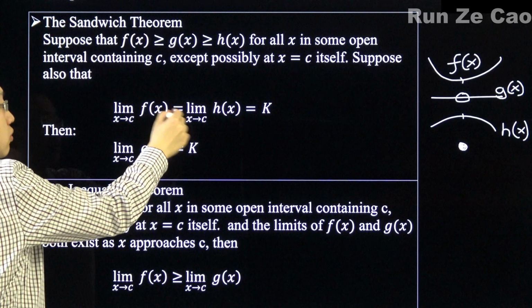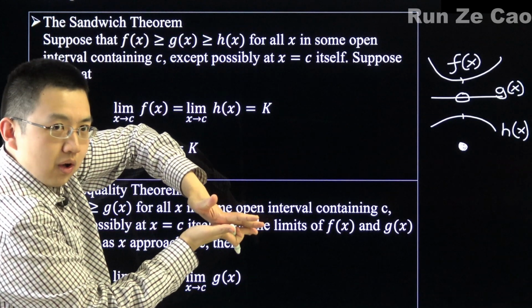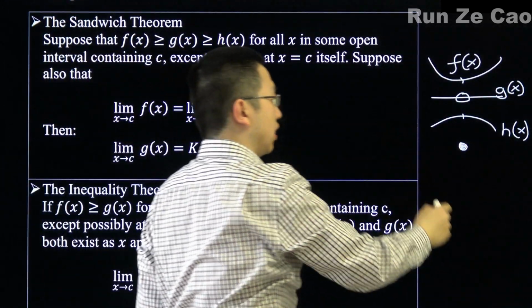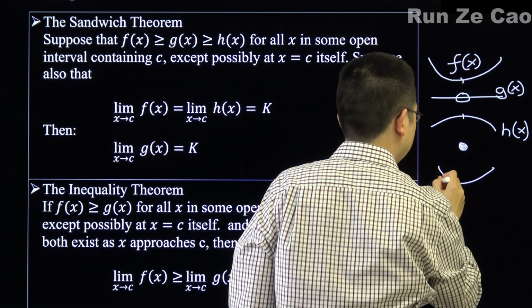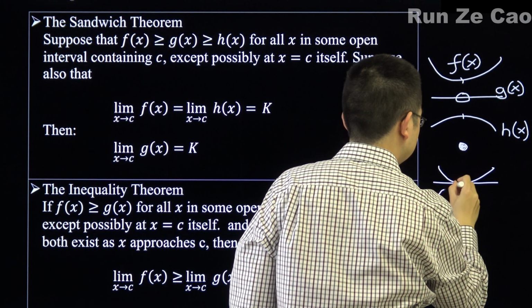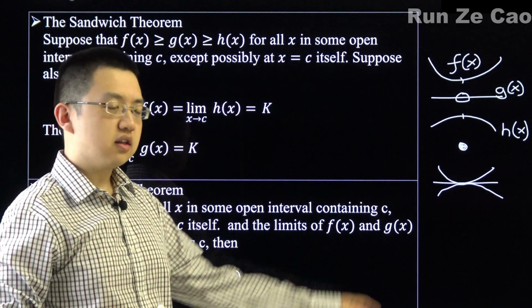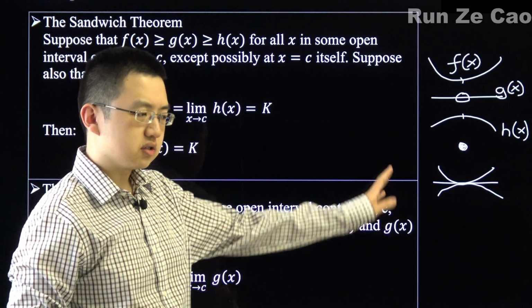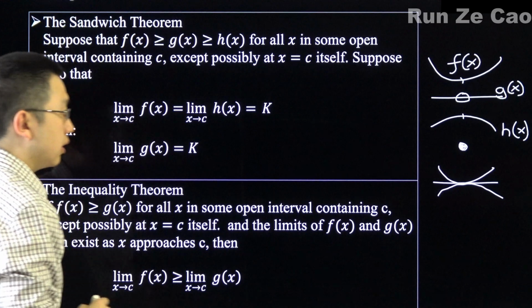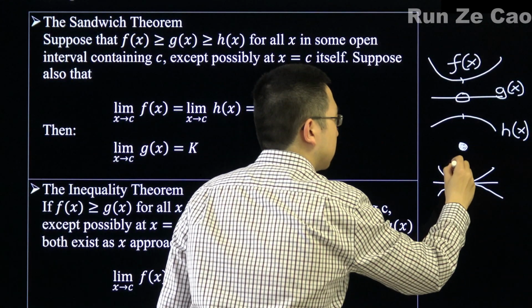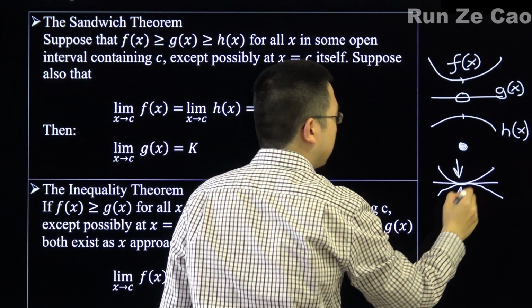So if these two happen to be equal, what happens to g of x? It gets squished right in the middle. It doesn't necessarily have to have this shape. This is just a diagram. So if they're equal, then g of x gets squashed in the middle.